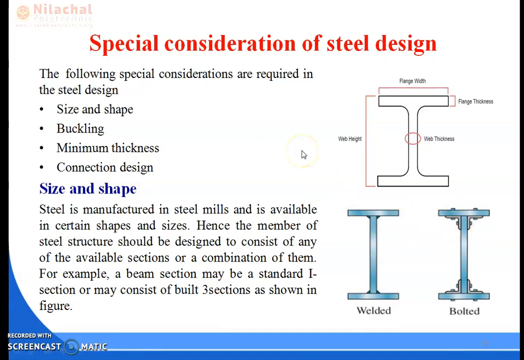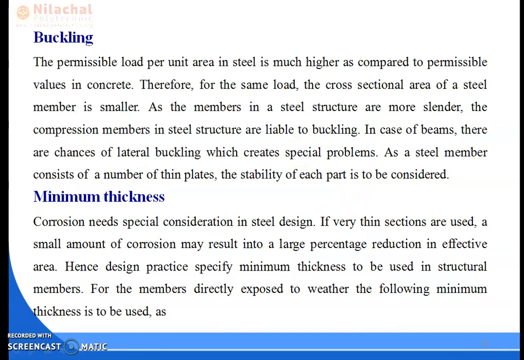Next one is buckling. You all know that buckling occurs in case of long span members. We normally consider the compressive member always subjected to buckling. The permissible load per unit area in steel is much higher as compared to the permissible value of concrete.